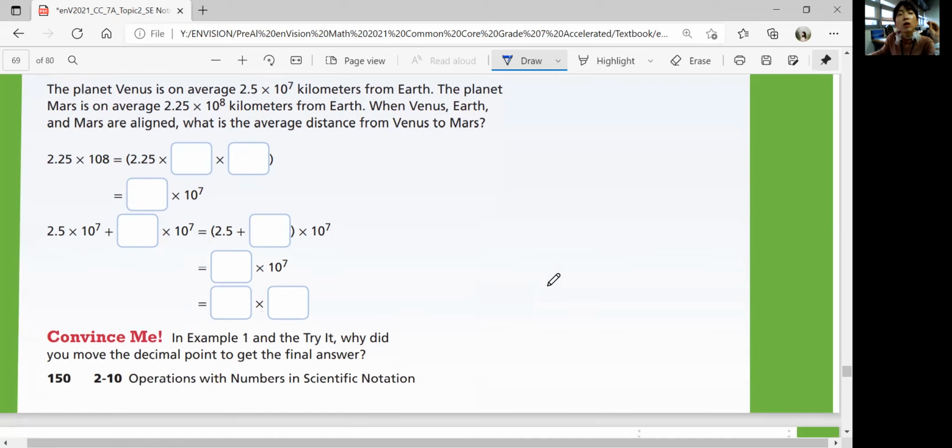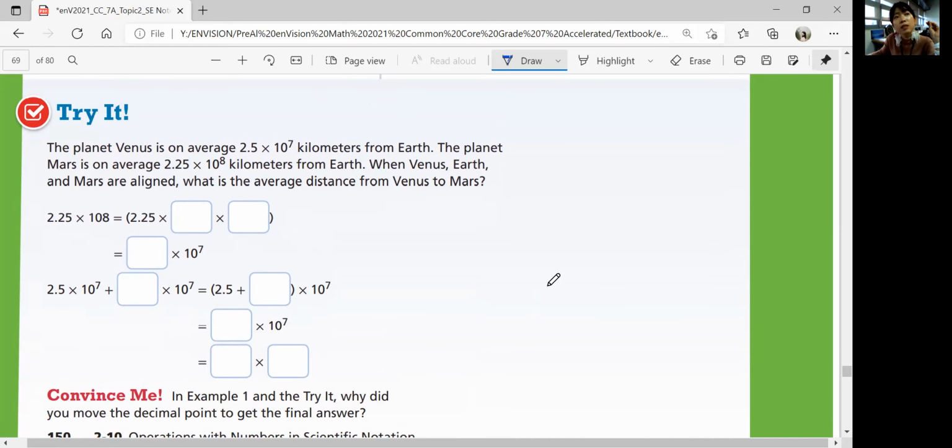Okay, so that means, obviously Mars is a little bit further away, maybe a lot further away, from the Earth, right? If this is the Earth, we got Venus and we got Mars over here on average, okay?